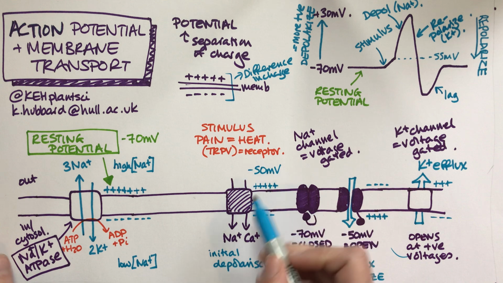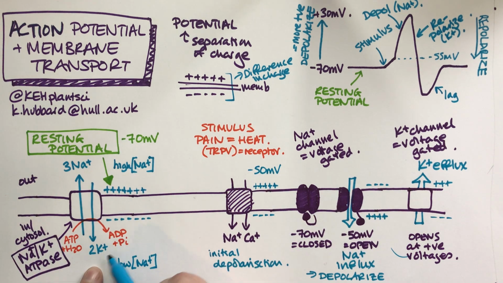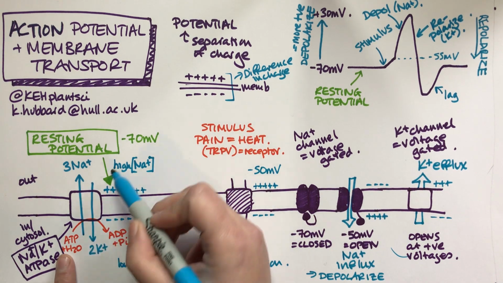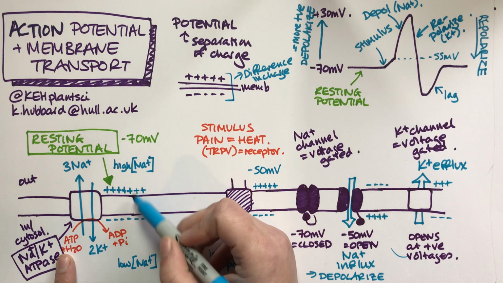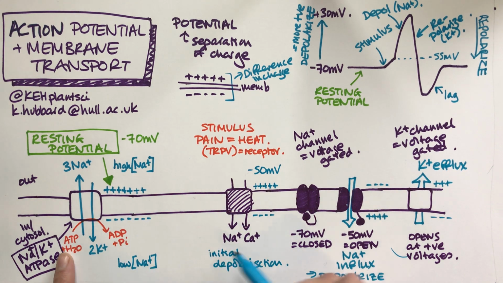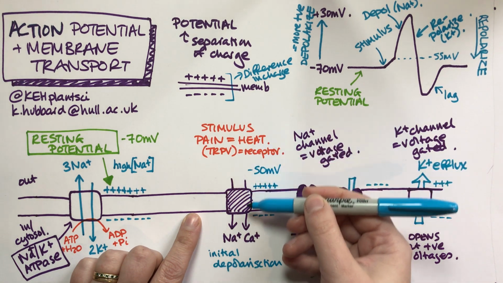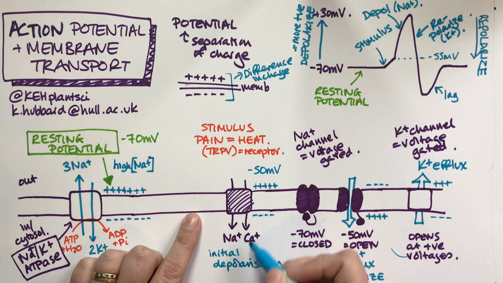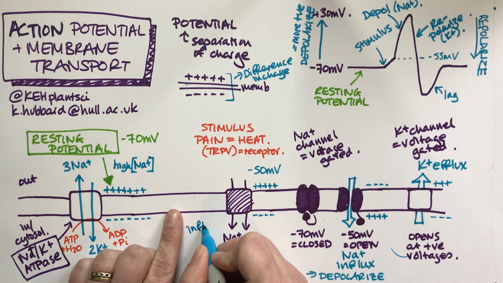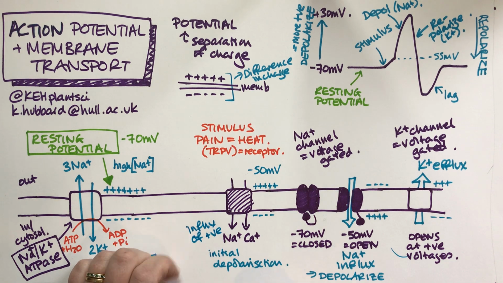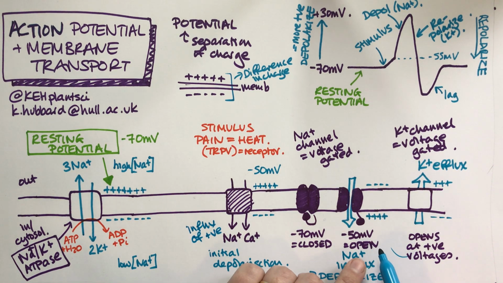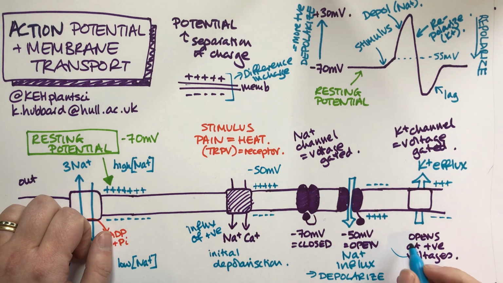Okay, so in our resting potential, it's all about the ATPase, chucking out sodium, bringing in potassium, and establishing a potential, so that takes up energy. We then have a stimulus. So here we've got the pain receptor, so that starts to depolarize the membrane. So we start to have an influx of positive charge. That activates a voltage-gated channel, so we have a large influx of positive charge.